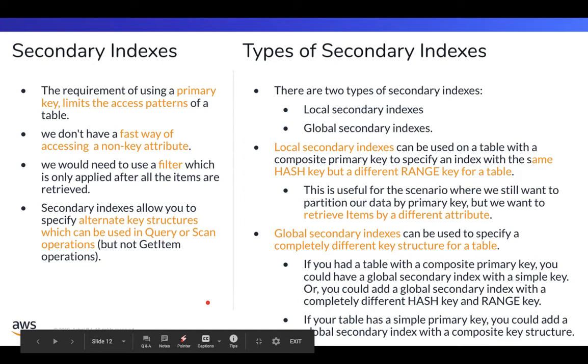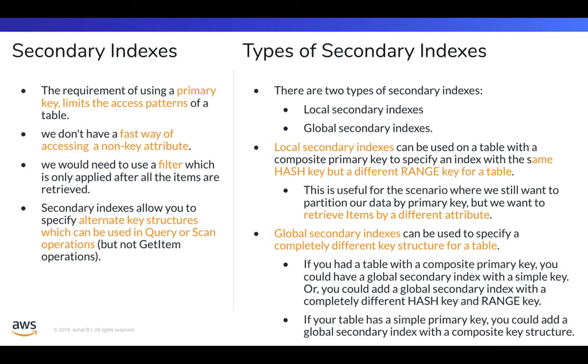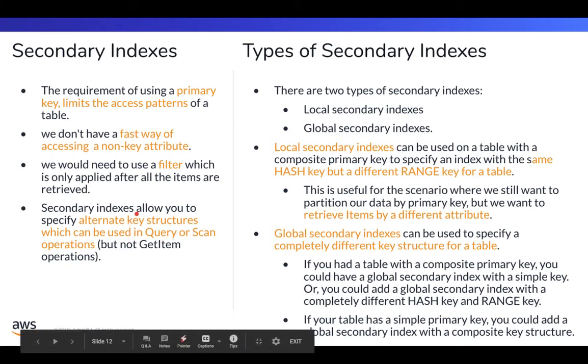Okay, let's move to secondary indexes. Secondary indexes are basically for capabilities where we need to retrieve items not based on the primary key, either simple or composite. Whenever we have a need for such an access pattern, we would create a secondary index.